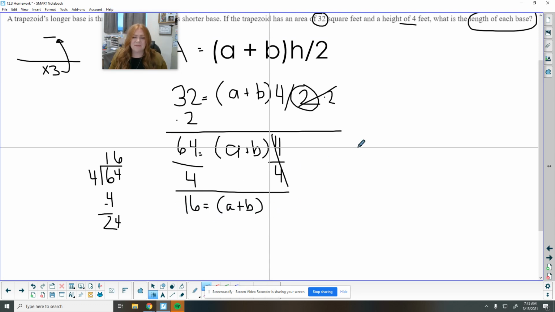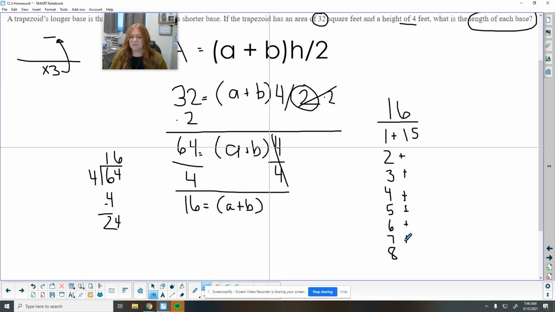So let's think of some things that can add up to 16. I know that 1 plus 15 can. Go ahead and see if you can list 2 plus 14, 3 plus 13, and so on. Put all of the partners together of things that add up to 16 and then come back.